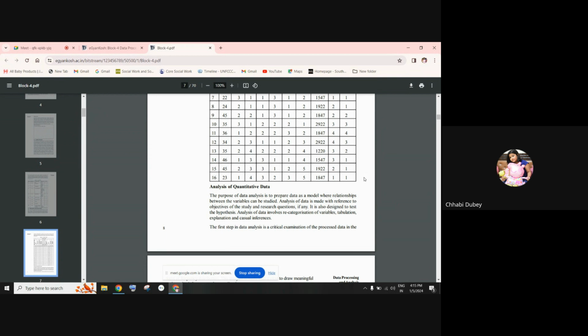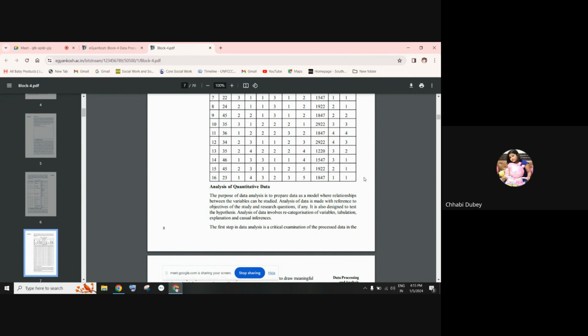At times, it is also designed to test the hypothesis. So analysis of the data would involve recategorization of variables, tabulation, explanation, and causal inferences. So whenever we are analyzing the data, we will have to take into consideration the objective of the study and the research question.